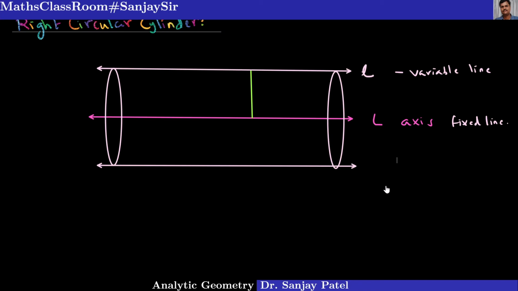Now we are going to obtain the equation of this cylinder. Here the fixed distance, the constant distance is called radius of the cylinder, and that we are denoting by small r. This is axis of the cylinder, and this is radius of the right circular cylinder.